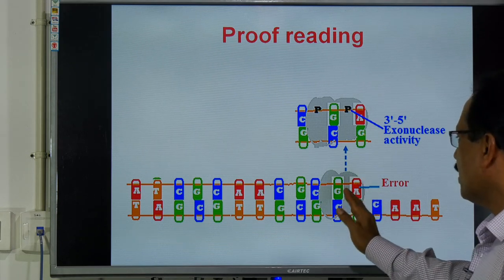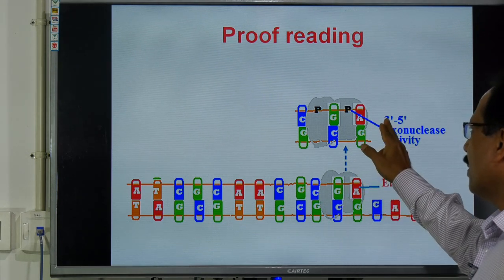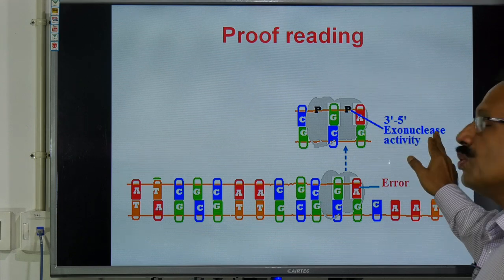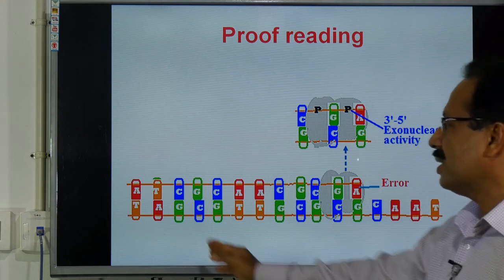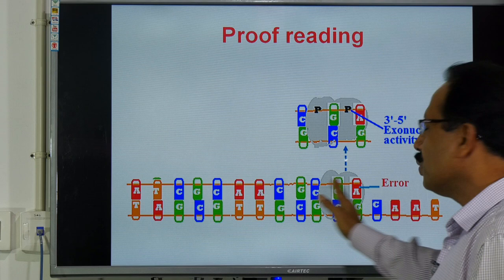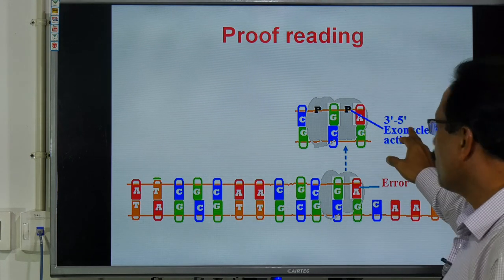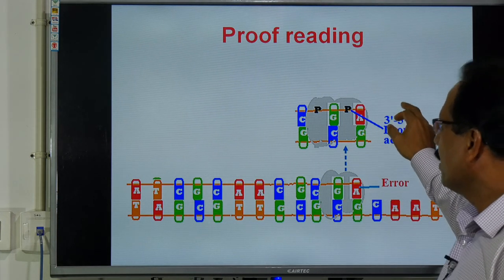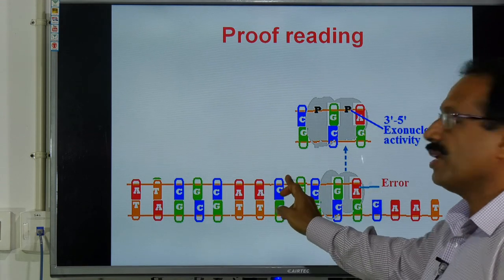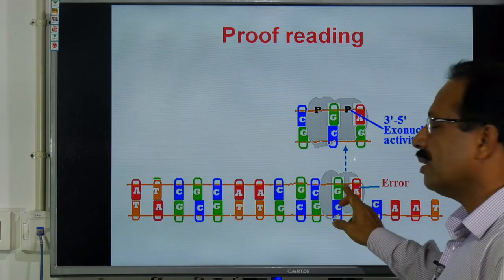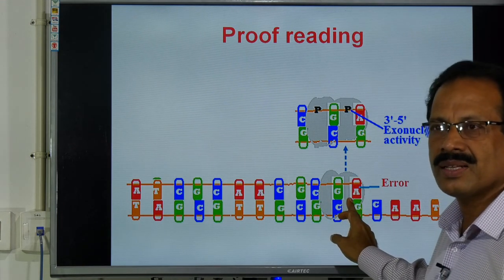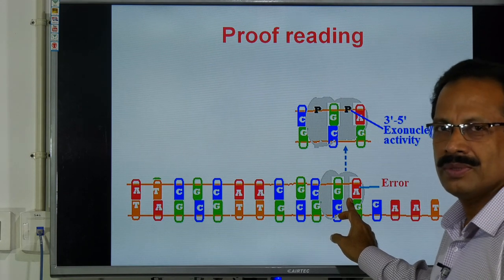What happens is this enzyme has a 3 to 5 prime exonuclease activity. You need to see that the synthesis is from 5 prime to 3 prime. This exonuclease activity is 3 to 5, from here going that way. So the enzyme reads it and realizes, okay, I did the wrong job.